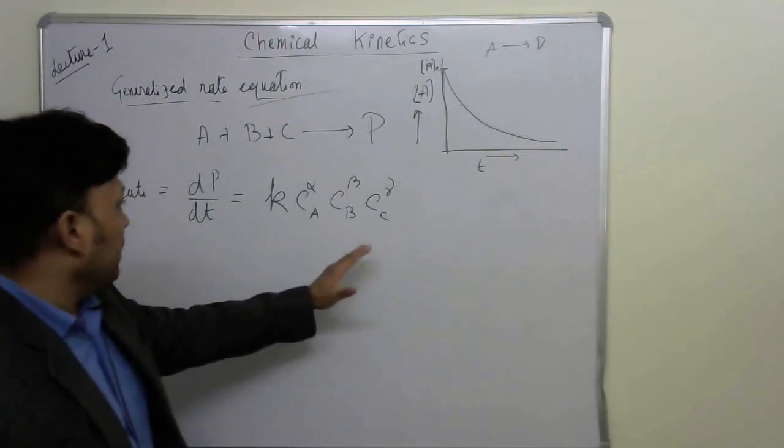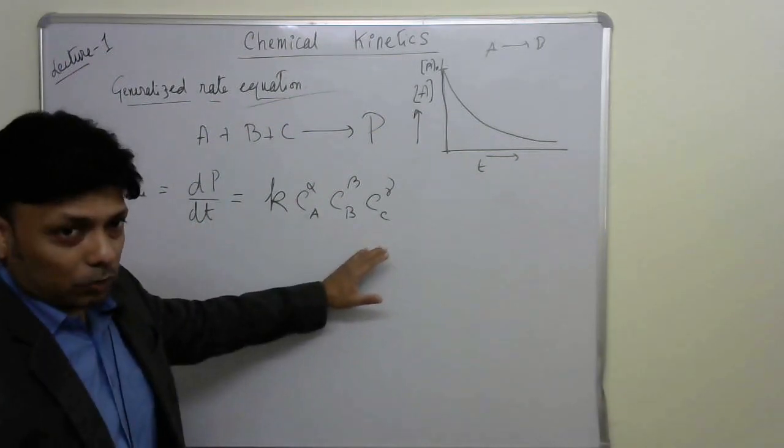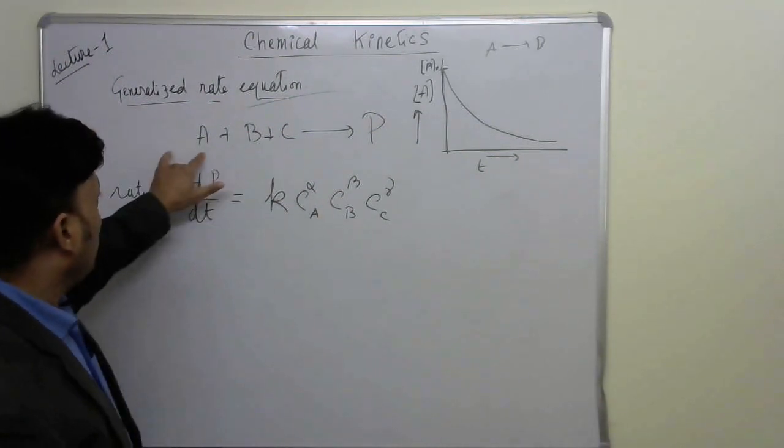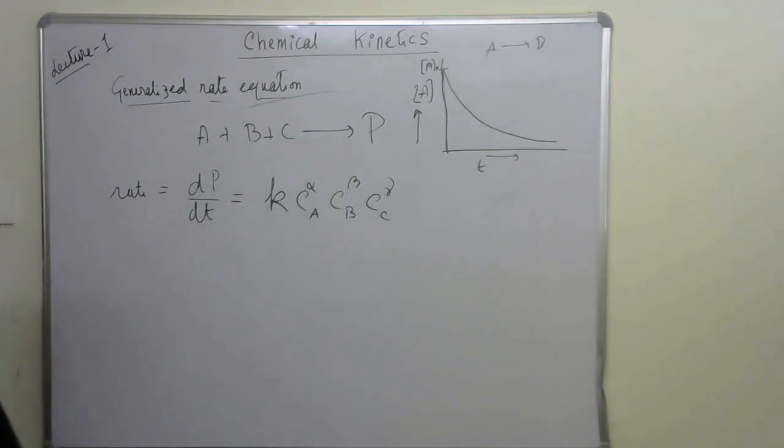This is also a kind of generalized rate equation for three reactants making a product.